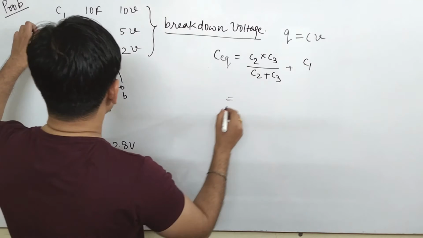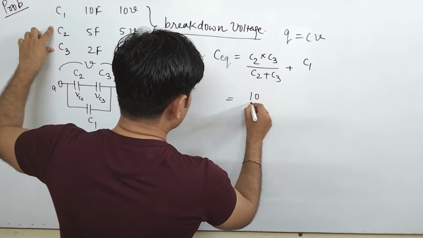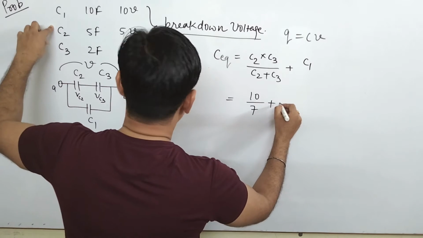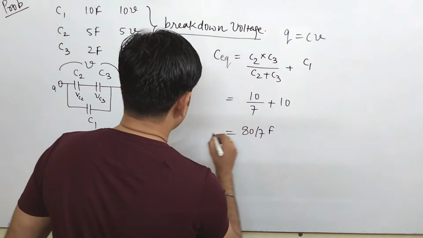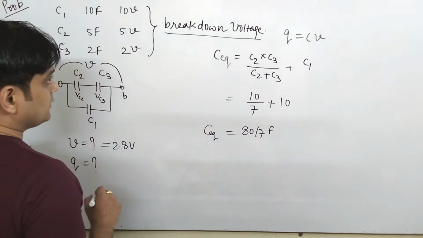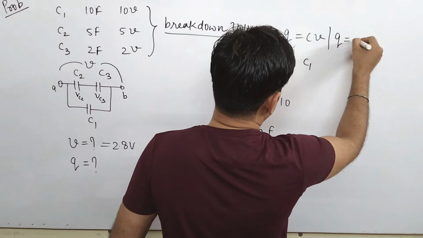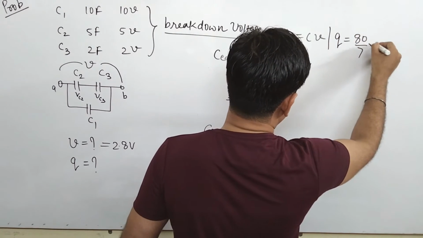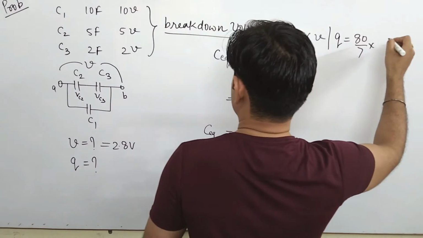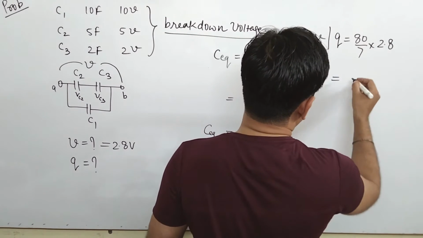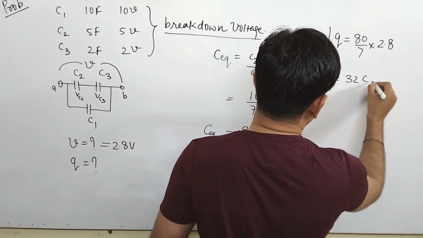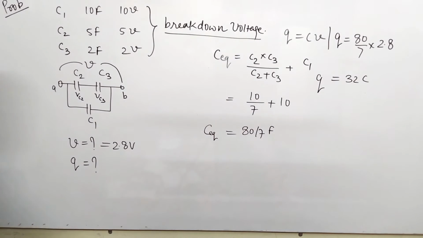So it is C2 into C3, that comes to be 10 upon 7, plus 10. So that comes to be 80 by 7 farad. This is the value of C equivalent. So Q is equal to 80 by 7 into 2.8. So that comes to be how much? 32 coulomb. Okay, so this is the value of Q, which we have found as 32 coulomb.